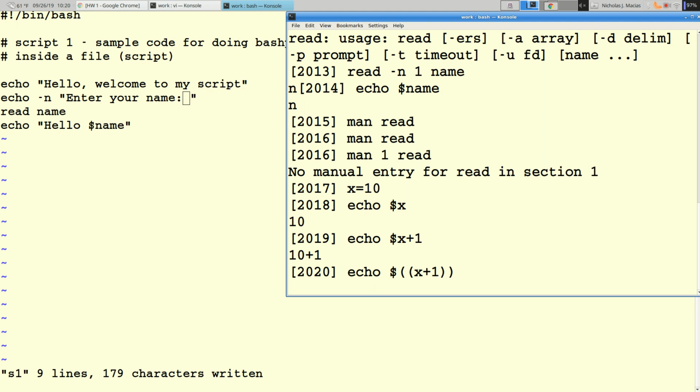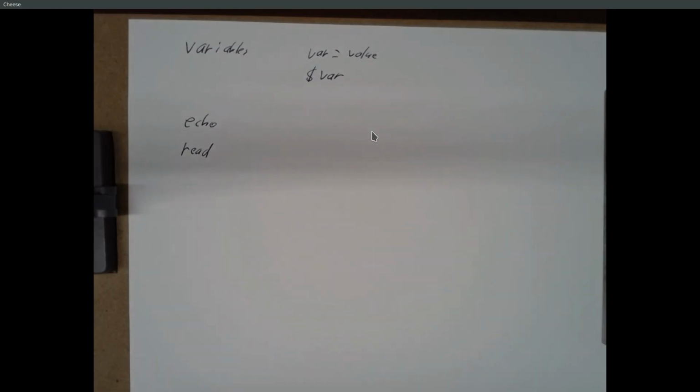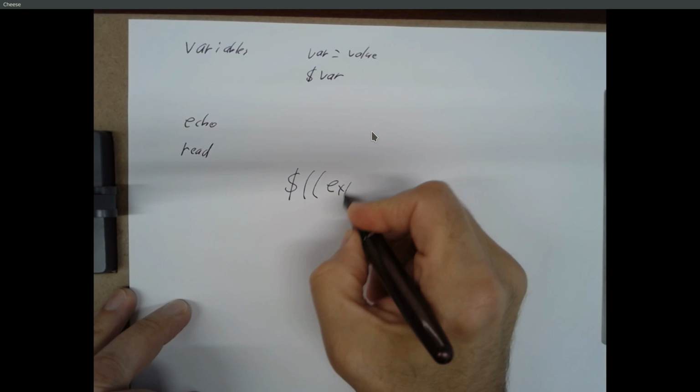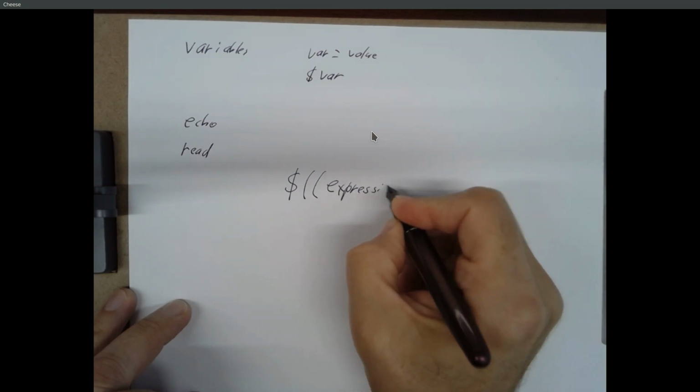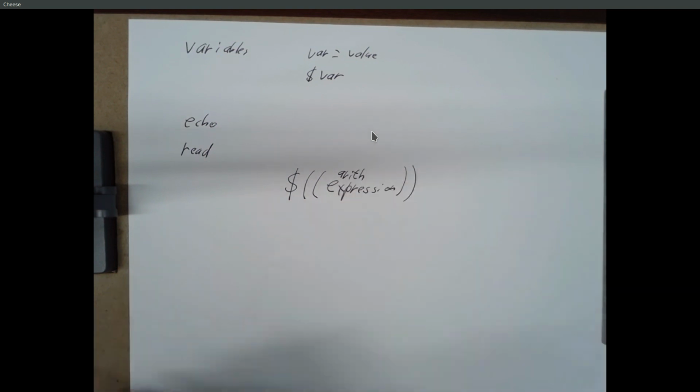That's what the result of that $(( )) will be. There's your 11. So $(( )), an arithmetic expression, actually evaluates it.